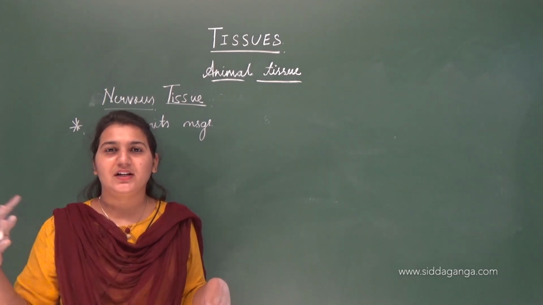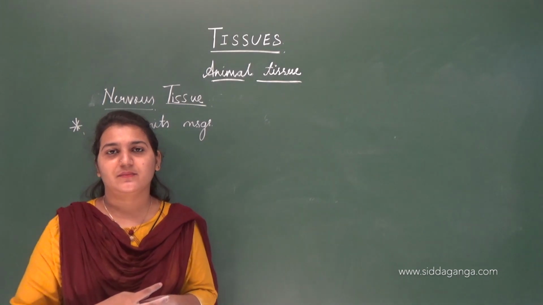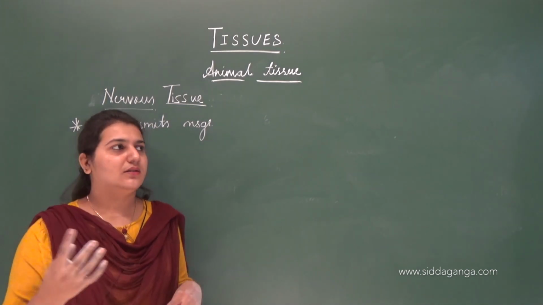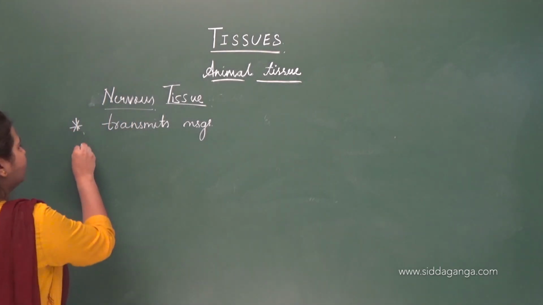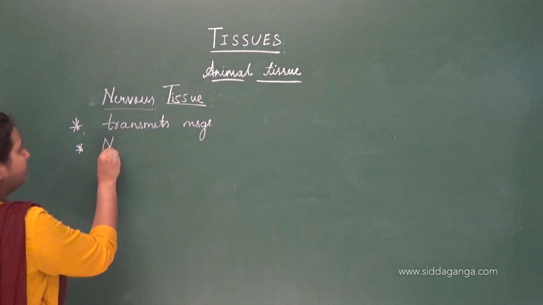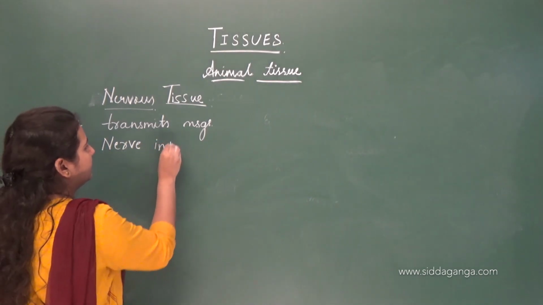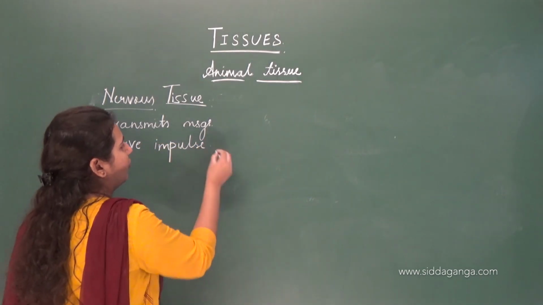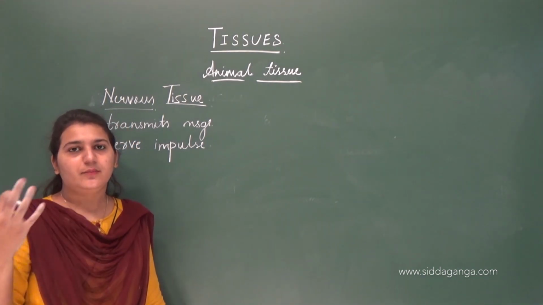There are many types of stimuli like this. So basically it transmits messages, or to be precise, it transmits nerve impulses. These nerve impulses are nothing but the nerve messages that different organs send to the brain.